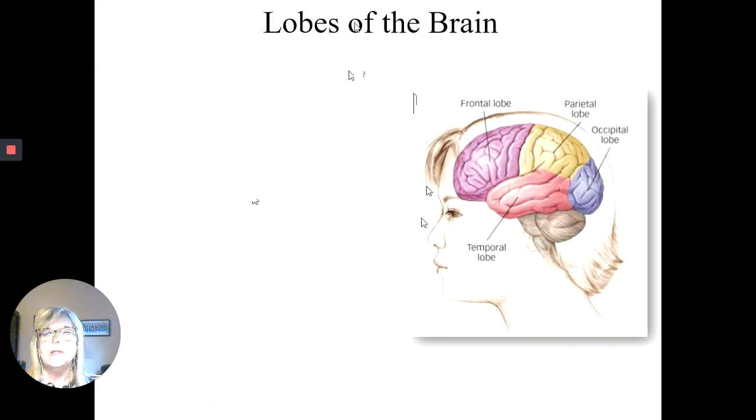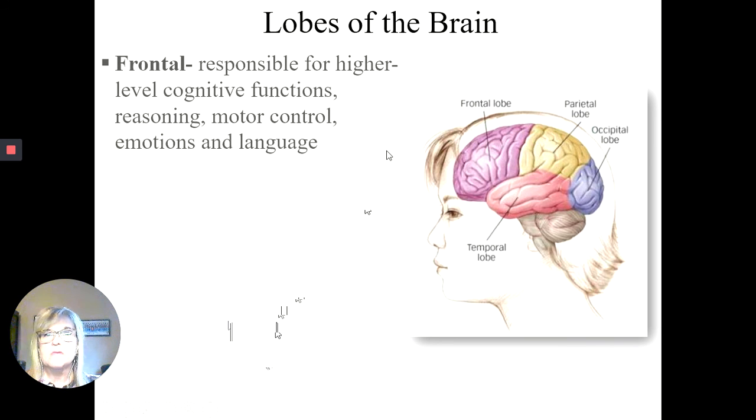So I'm going to talk a little bit more in depth about the lobes of the brain. This is the frontal lobe of the brain, and it's responsible for all of our higher level cognitive functioning: reasoning, motor control, emotions, and language. The very back of the frontal lobe here is our motor cortex, and it controls all of our motor movements.